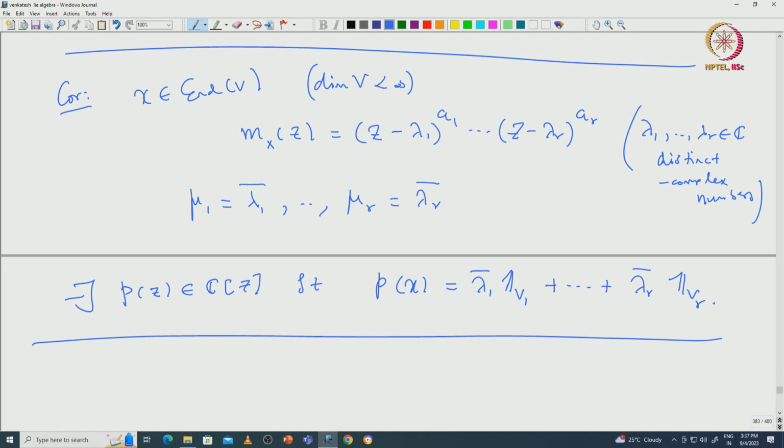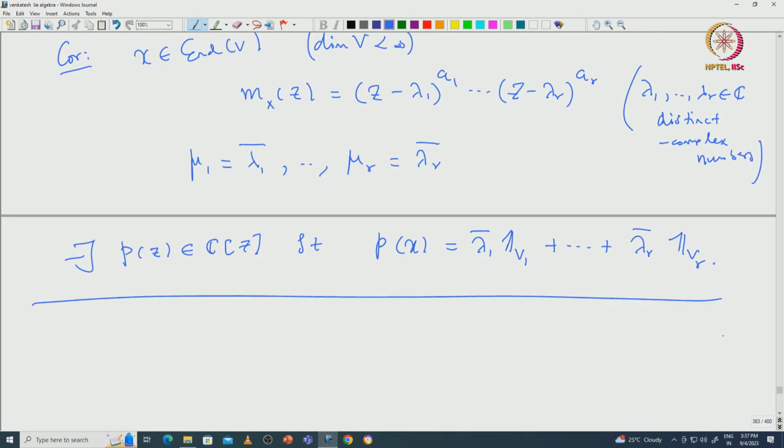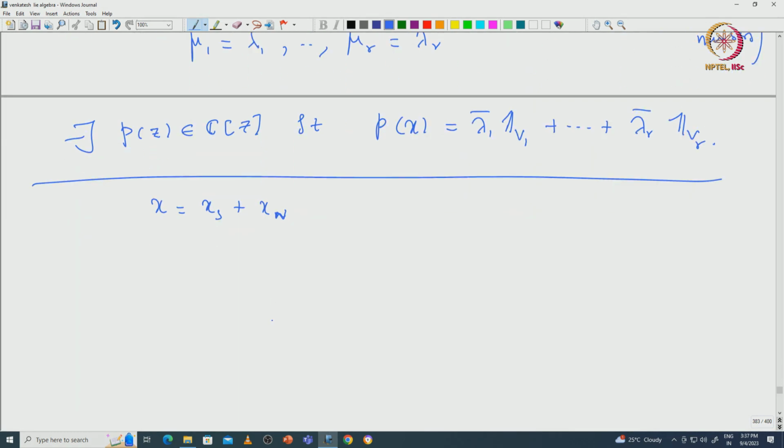Before that, we can see that if we write this x as the diagonal operator plus the nilpotent operator, then this new operator that we have constructed, λ_1 bar etcetera λ_r bar, is nothing but just x_s bar.